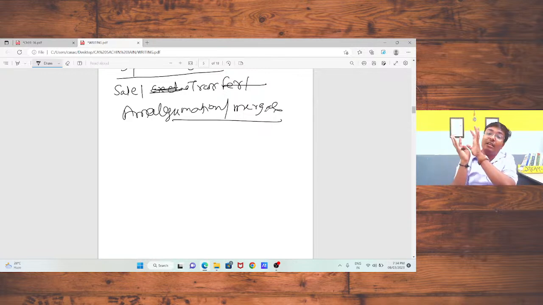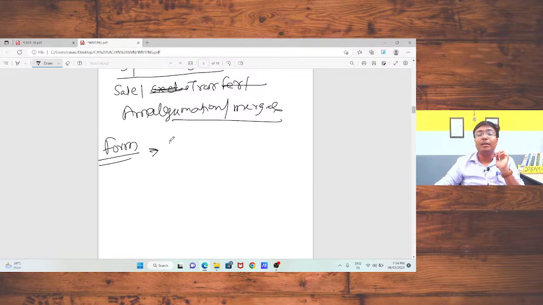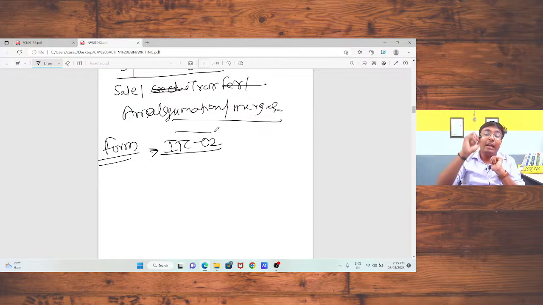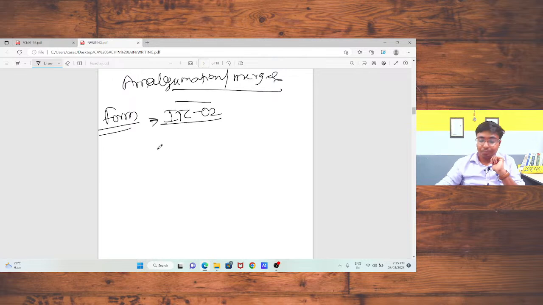In that case, all the assets, all the input tax credit which is in the hand of XYZ limited, I need to transfer that input tax credit to XY limited and Z limited. When I want to transfer that input tax credit, the first question arises, sir, by which form can I transfer the input tax credit? So the form is ITC 02. Now, second question arises.